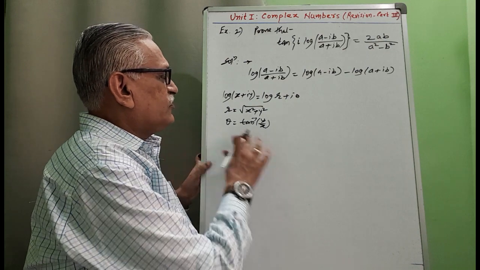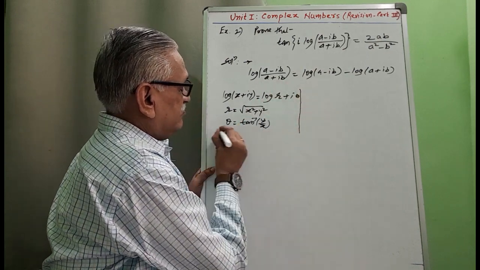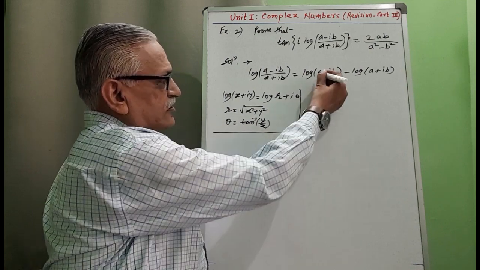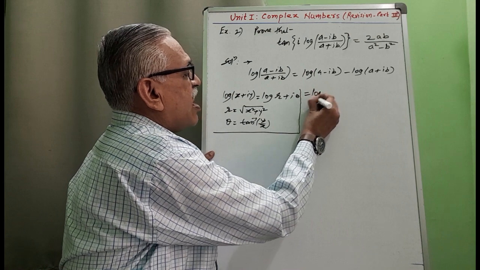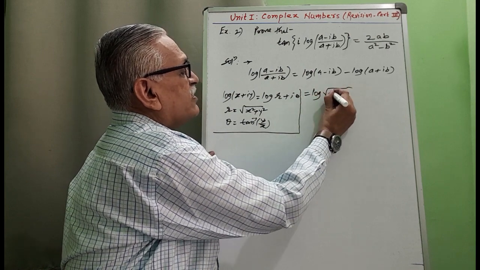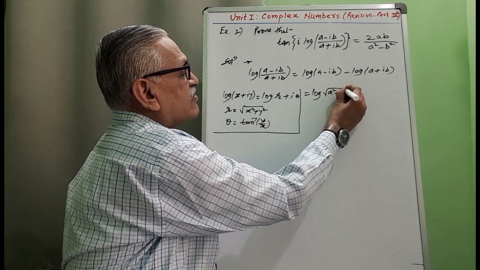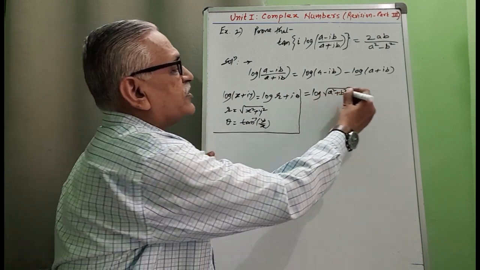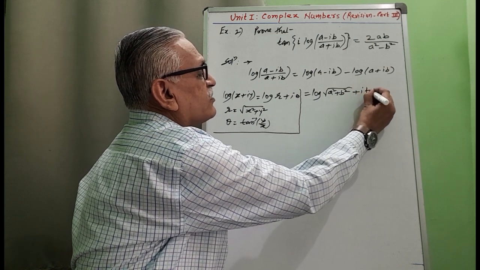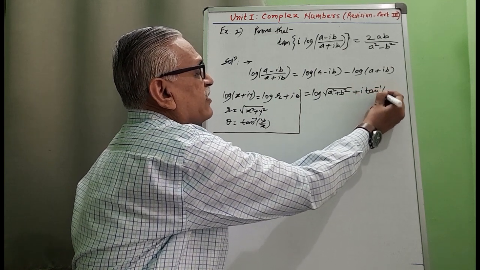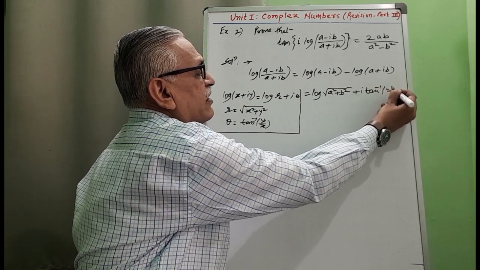Therefore, using this, we get this log of a minus ib is log of r, r is here root of a square plus b square, plus i times theta. Theta is tan inverse of y by x, minus b by a.